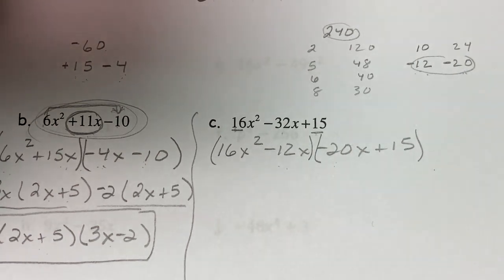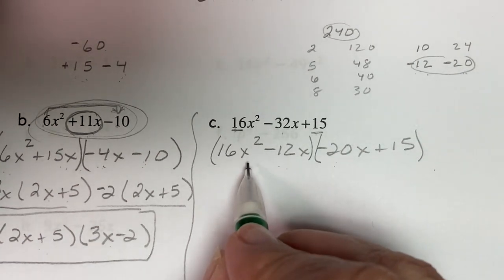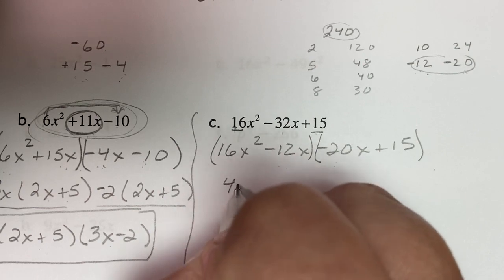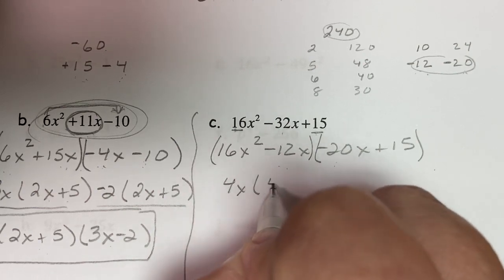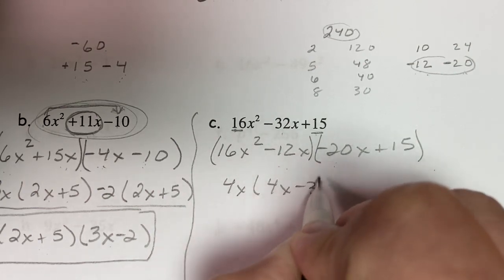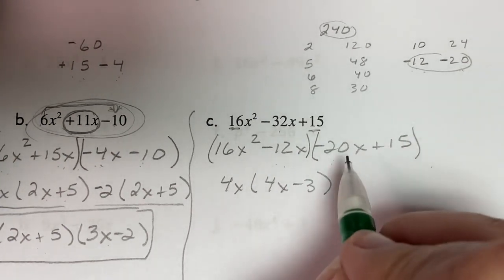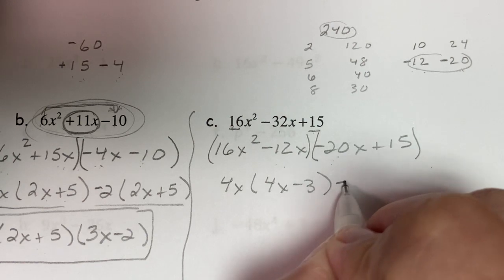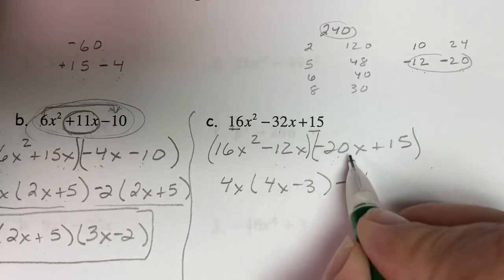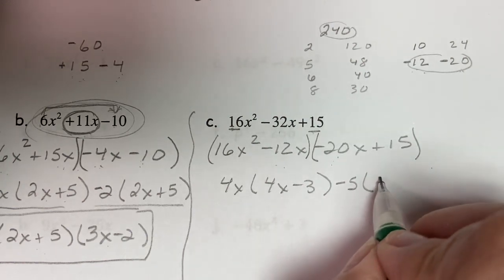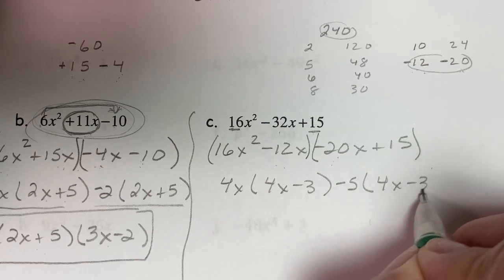All right, so here we go. Let's GCF out of this first group. Well, I'm looking at a 4x coming out, which will leave me with 4x minus 3. Again, I'm not going to go really slow here because you should be really good at this. Let's take out a negative 5 here because that's going to give me negative 20 divided by negative 5. So that's 4x minus 3.